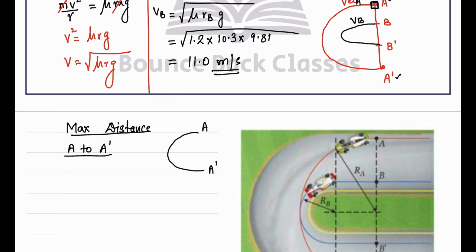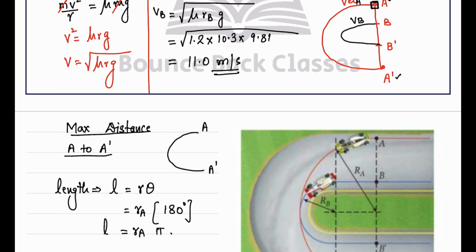So how to solve the length? We know length L is equal to R times theta. R I know, the outer circle R A. What should be the theta? That is 180 degrees, or you can say R A times pi. That is your length A to A dash.